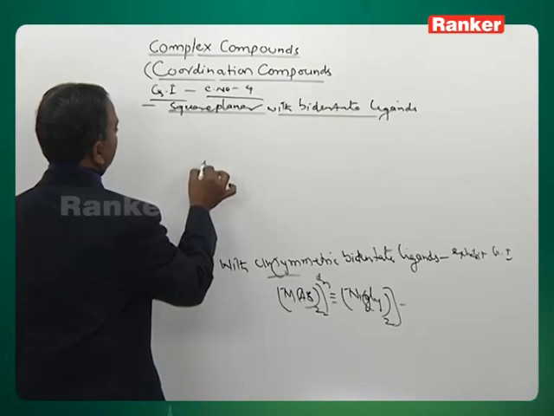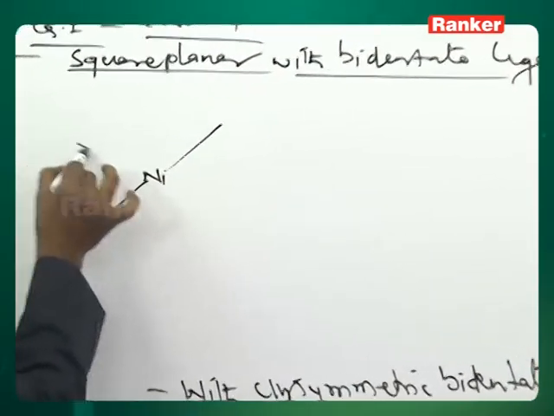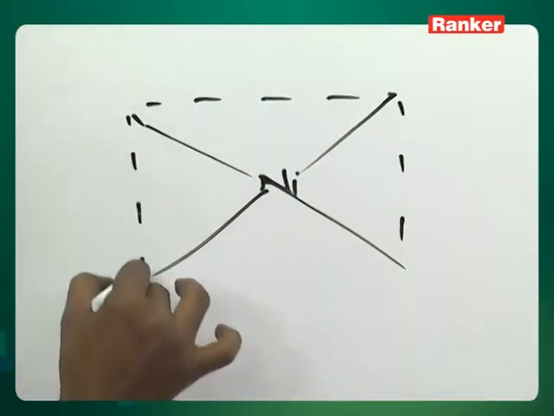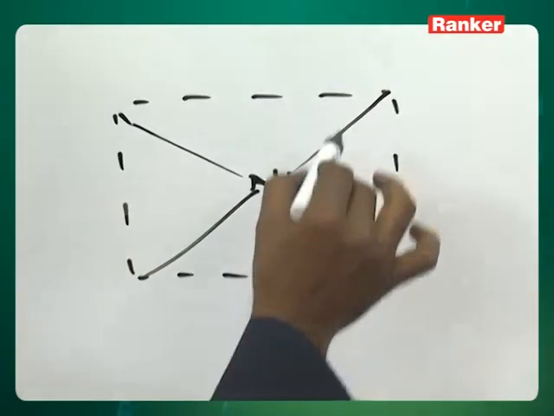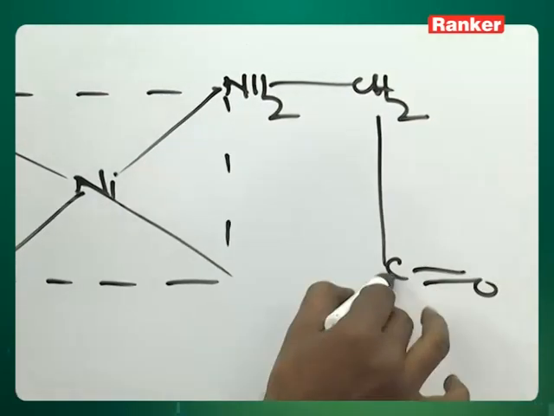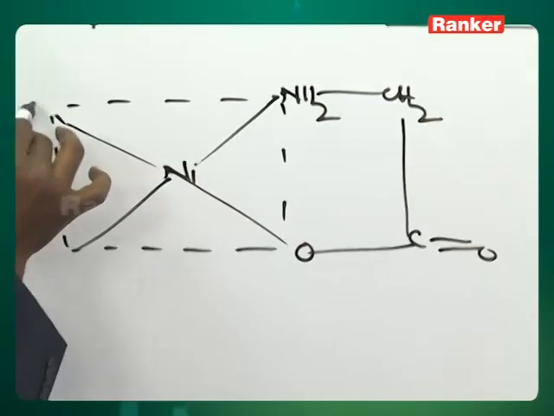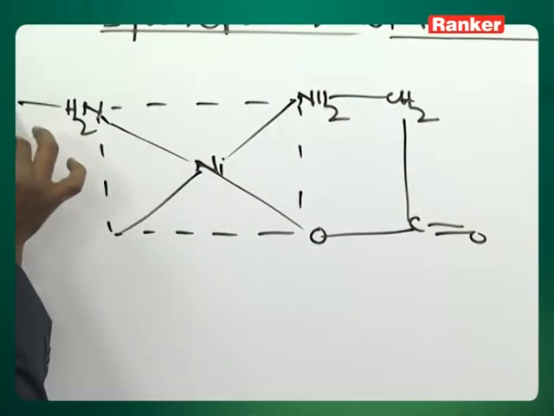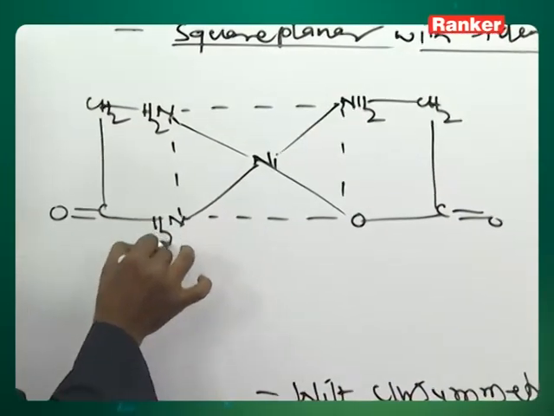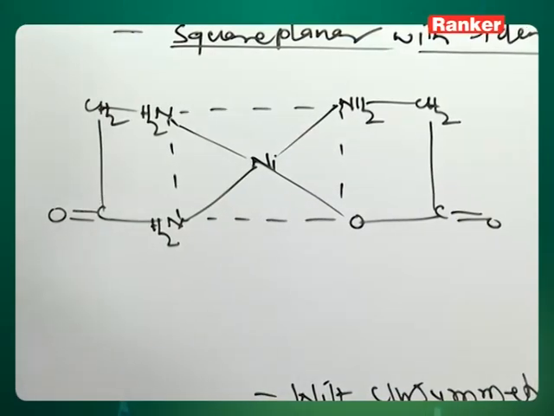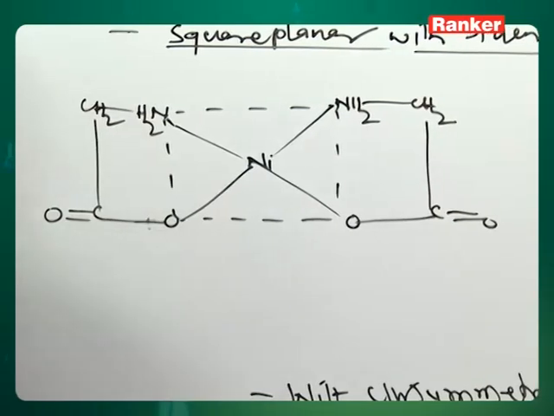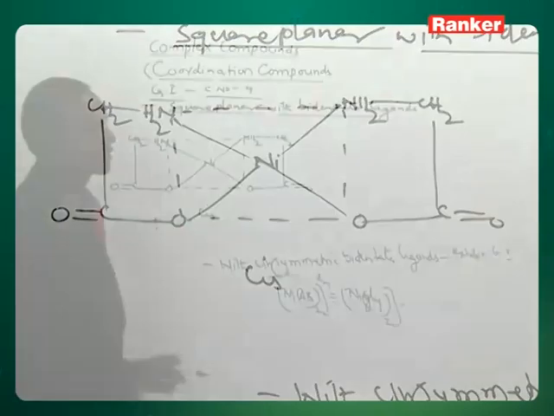See, Ni, NH2, CH2, C double bond O. Next, the cis complex I am writing now: CH2, C double bond O, NH2 — no, this should be O. CH2, C double bond O. This is the cis complex.